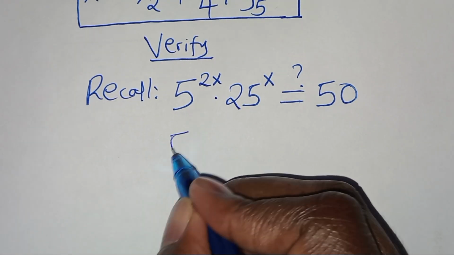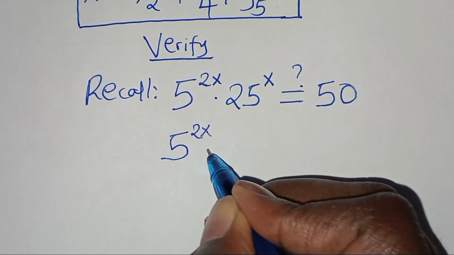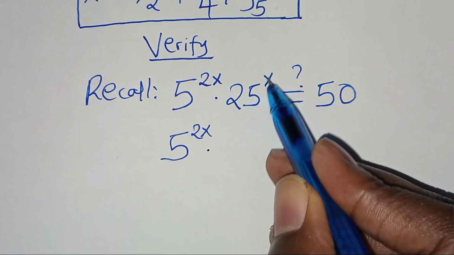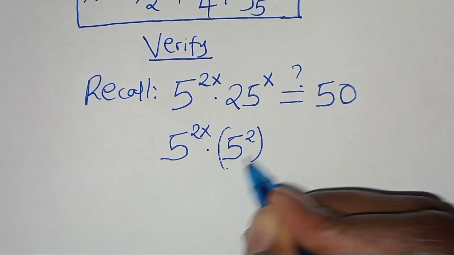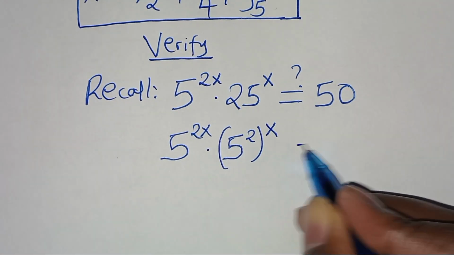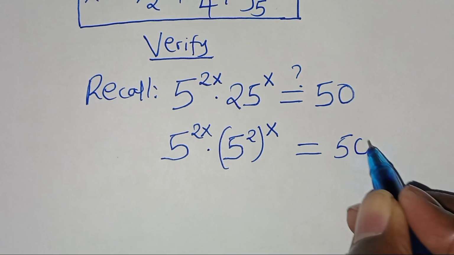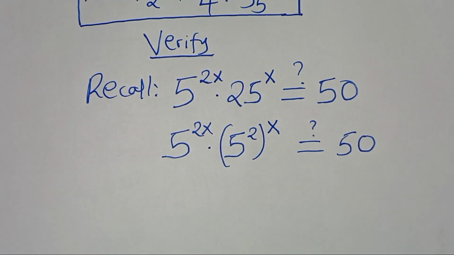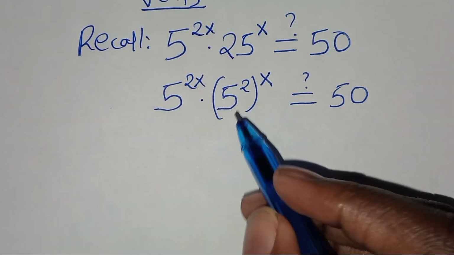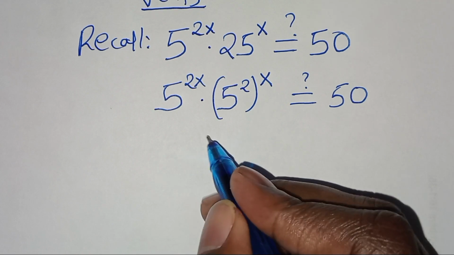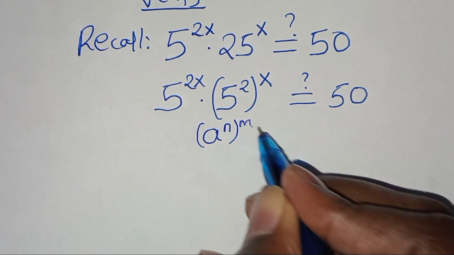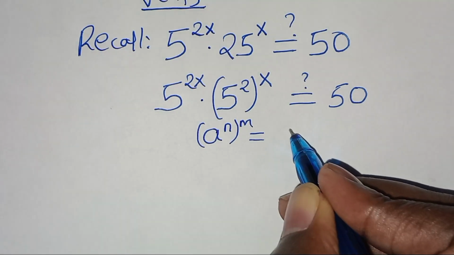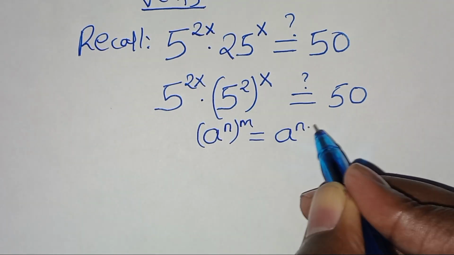So this is 5 to power 2x times, we can express 25 to power x as 5 to power 2 raised to power x. So 5 to power 2 raised to power x is in the form of a to power n raised to power m. This can be expressed as a to power n times m.